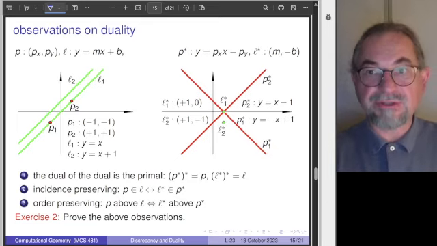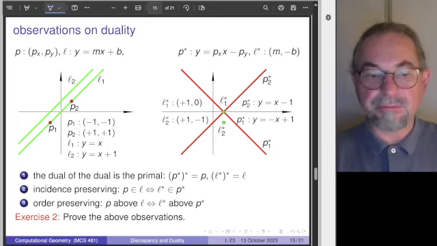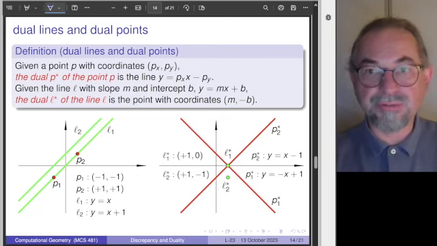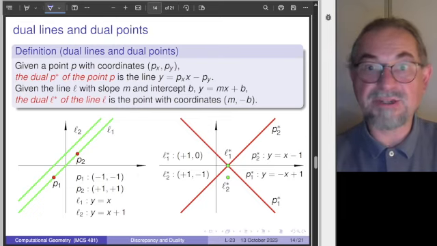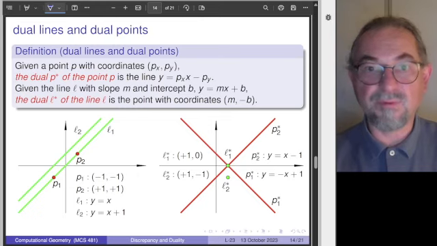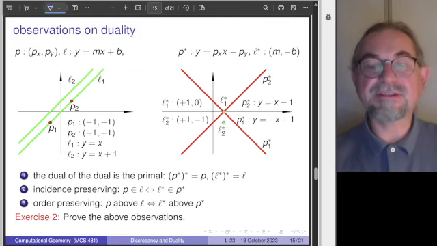But now you apply the definition in the opposite way. Here we started with a point with coordinates px, py. You start with a point with coordinates slope and minus the intercept. And then you see that actually, hey, you do have a line with intercept m and slope b. That's all there is to it.